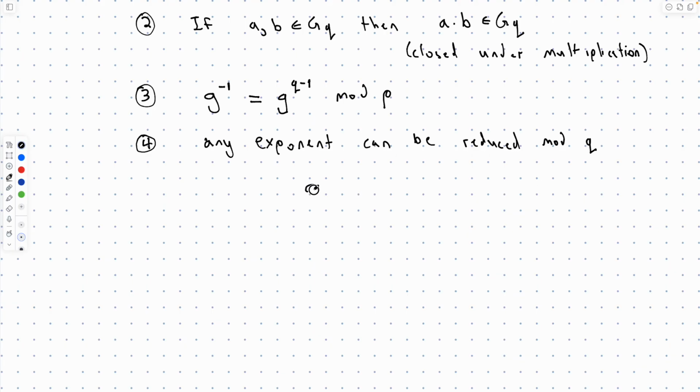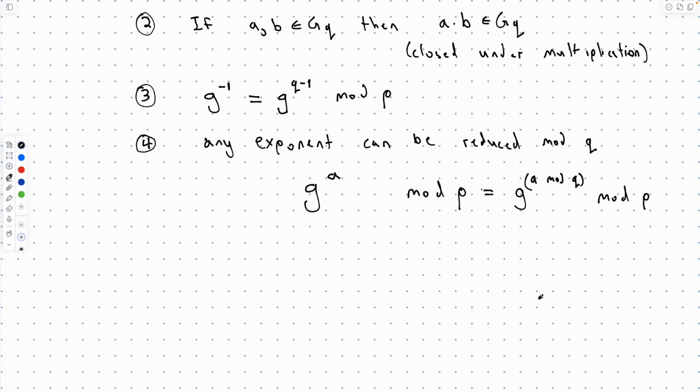If I have a number like g and I raise it to the power of a, mod p, and this a is really big, I can mod it down, but not by p, because p applies to the base case. I'm going to mod it down by q. So I could have a mod q, and then the whole thing mod p. Whatever's in the exponent, I can mod it down by q.